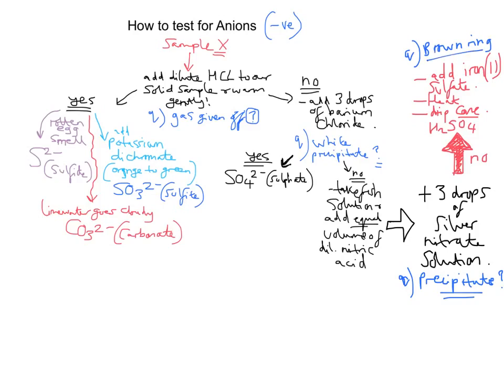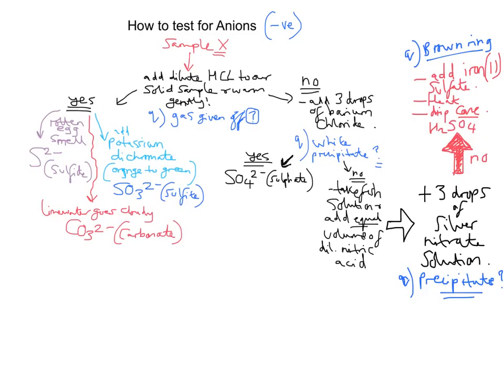If we don't, then what we've got is an unknown anion, because at that point we should have done some definitive qualitative analysis. So at that point we've got an unknown anion there.